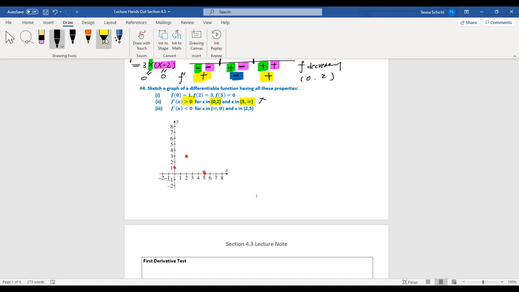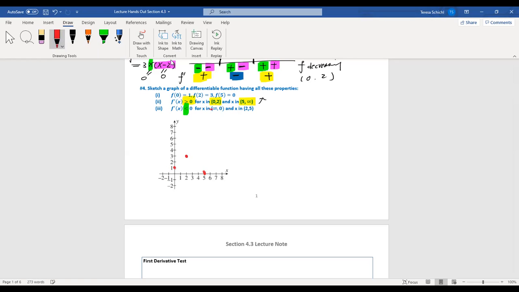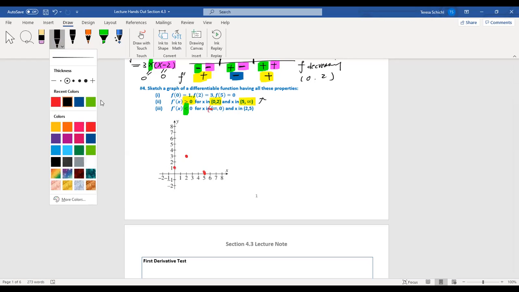And f prime of x is less than 0 on negative infinity to 0, and then 2 to 5 here. So that means in here we have decreasing.